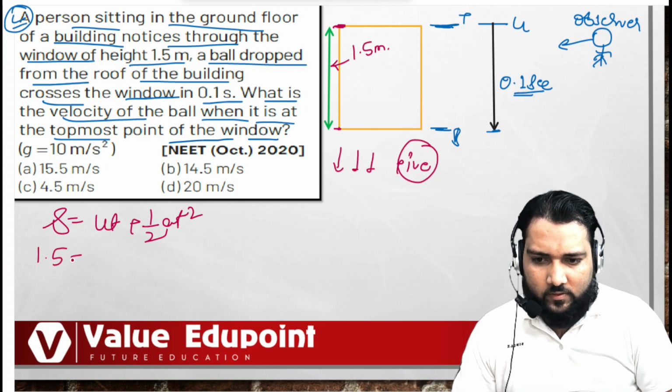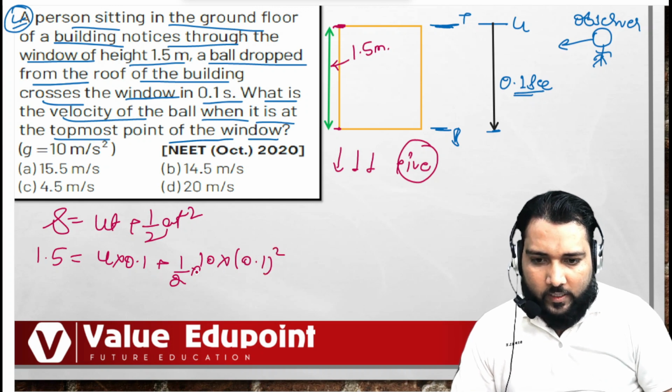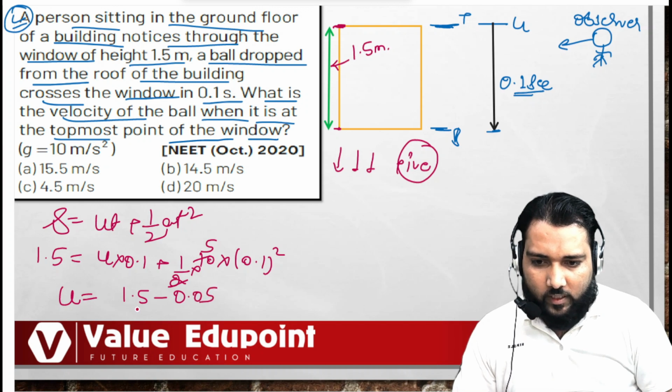So the displacement is 1.5 meters, and the initial velocity we have to calculate. Time is given as 0.1 second, and the acceleration is 10, assuming the gravitational acceleration value 10. Further solving, the 5 will come here, and u equals 1.5 minus 0.05 divided by 0.1.